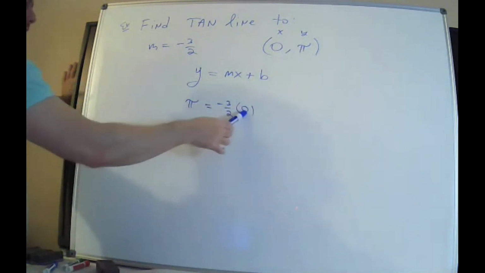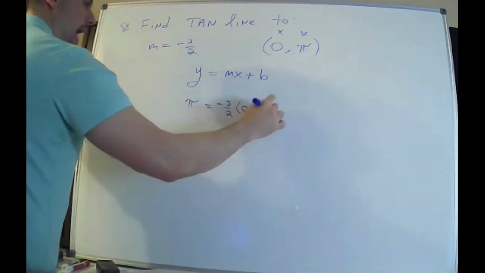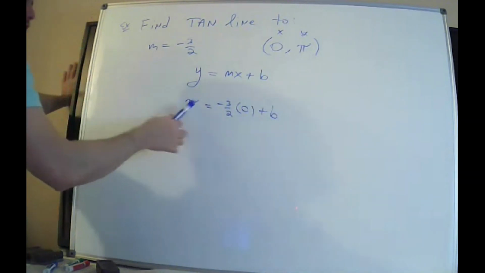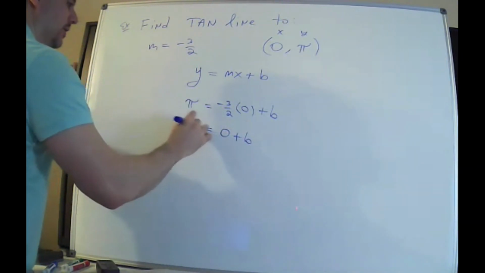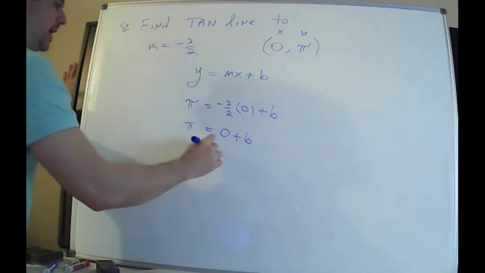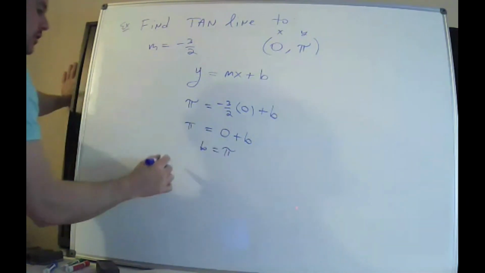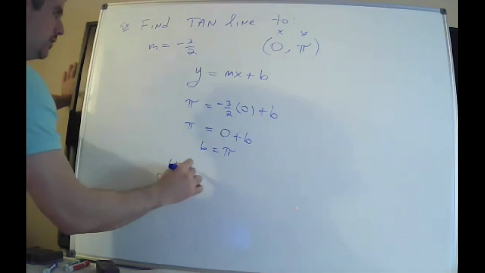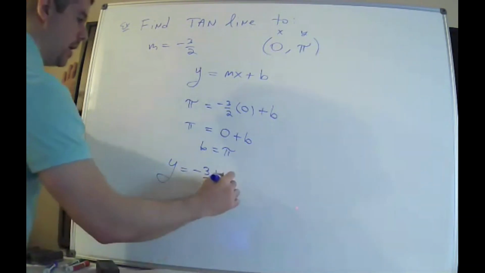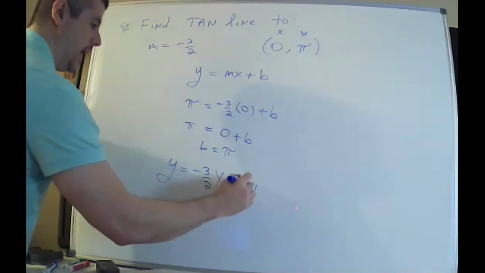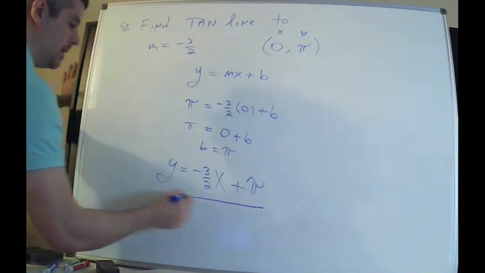So whatever you put here is going to get zeroed out, and b is going to end up being just what's over here. So this was almost completely pointless. You just get b equals pi. So you get y equals negative 3 over 2 x plus pi. Yay! That's my b.